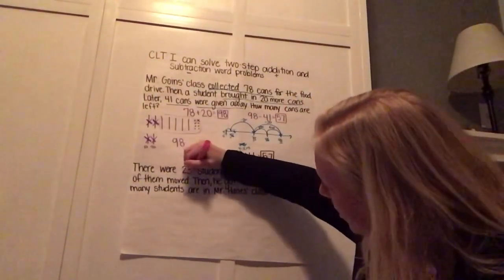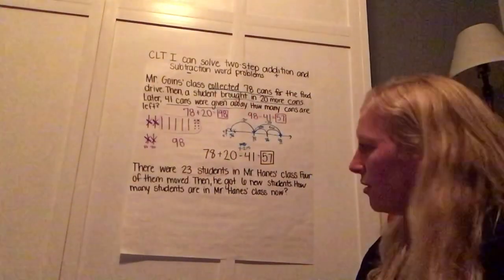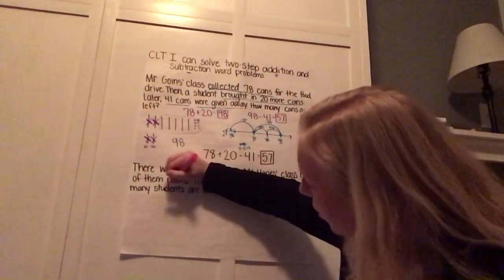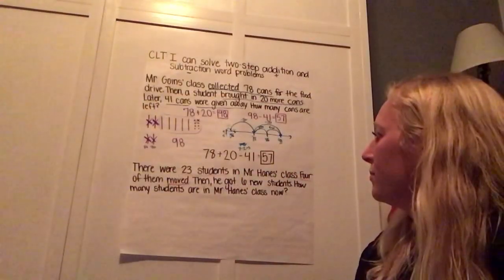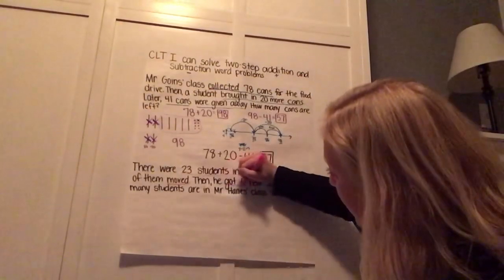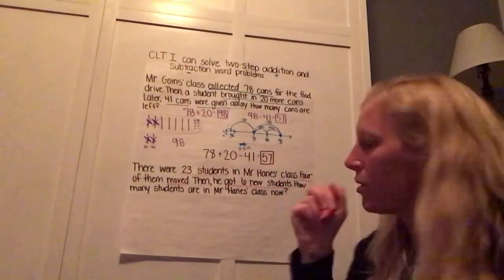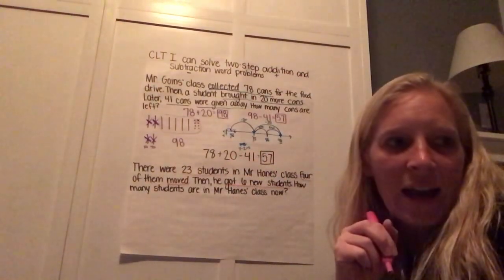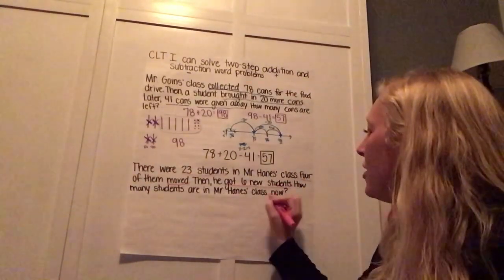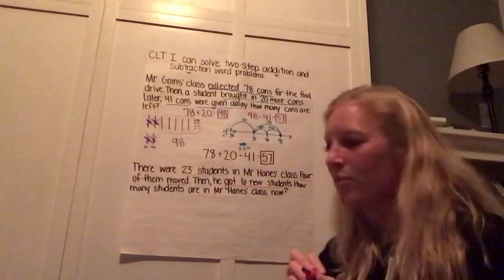He has 23 students in his class. What else do we know? 4 moved. And then he got 6 new students. What are we trying to find out? How many are in his class now?